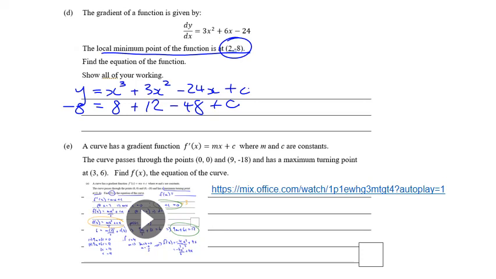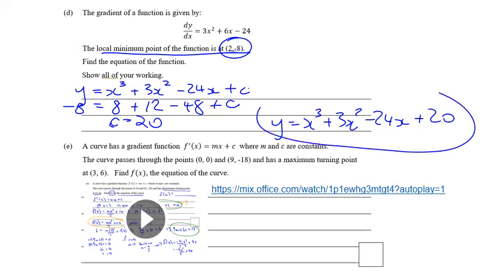So that gives me C is 20, and you got y equals x cubed plus 3x squared minus 24x plus 20. That is what you needed. You needed this part here for your merit. You needed that for your achieved. You guys happy with that?